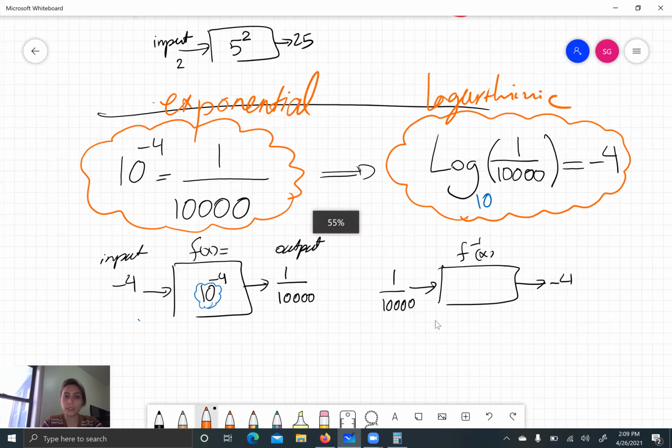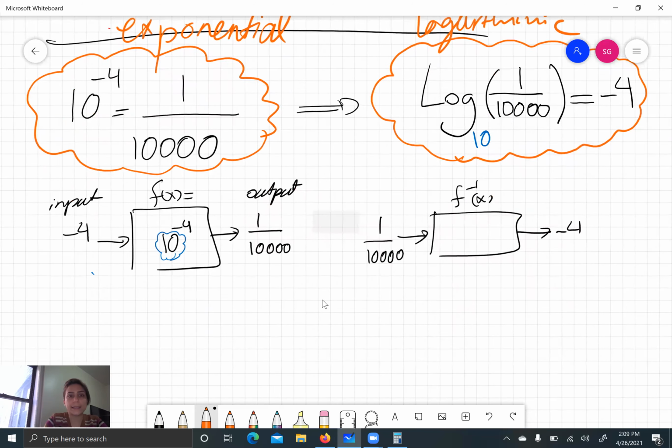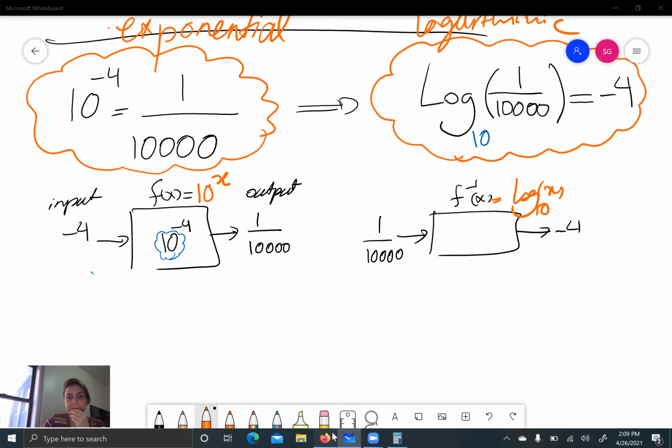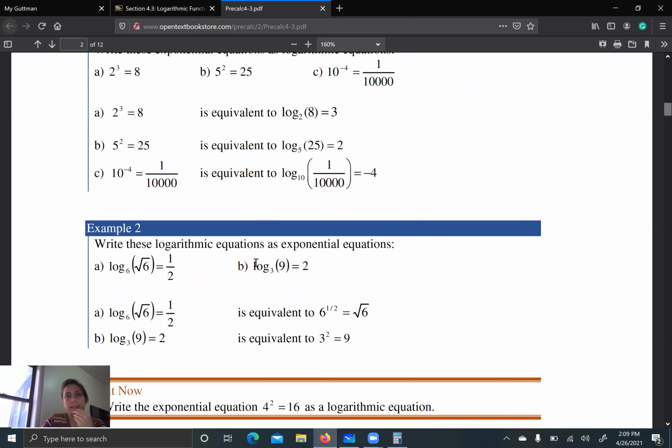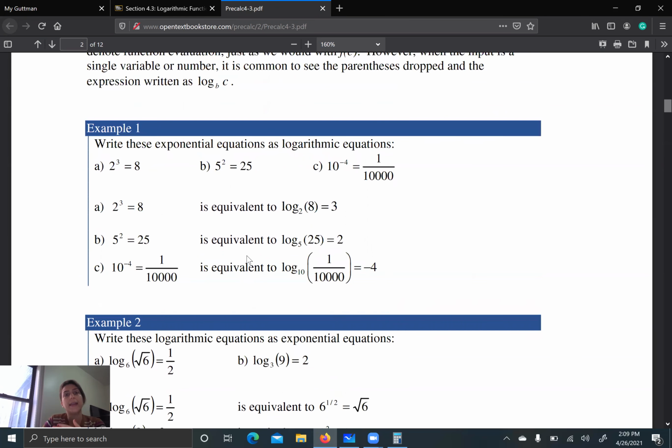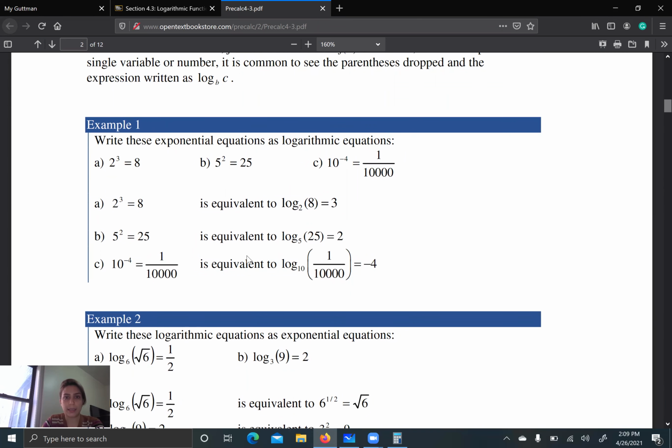In terms of function, this function is 10 to the x, and here you have the inverse function, which is log of x to the base 10. Okay, so as you can see, whenever you have an exponential function, you can express it as a logarithmic equation.